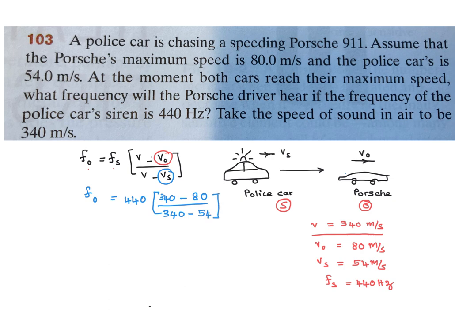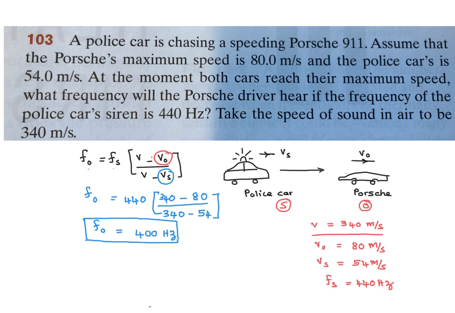We can plug the numbers in and check what the answer is. I used my calculator and did the math, and I ended up getting 400 hertz. This is the frequency as observed by the Porsche.